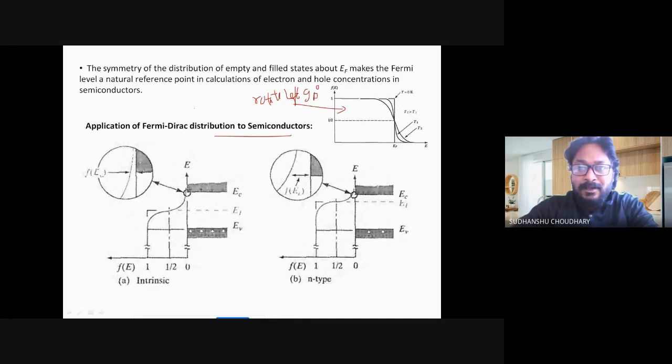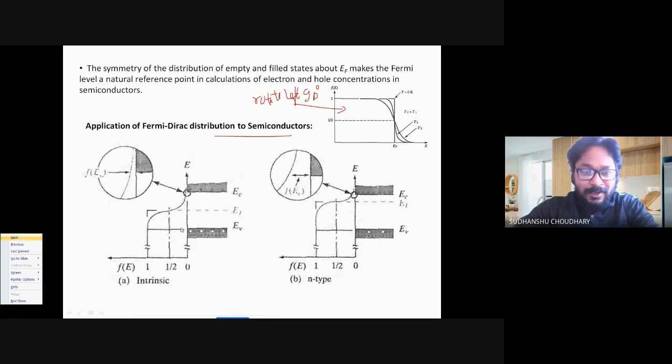So why do we rotate left by 90 degrees? Since we want this energy axis to point upwards, that is, this should be my y-axis now, because we want to relate this Fermi distribution function to the energy band diagram where energy is on the y-axis. That is why we rotate it left by 90 degrees so that energy comes on the y-axis.